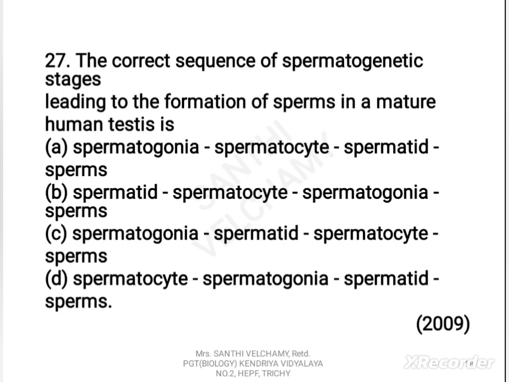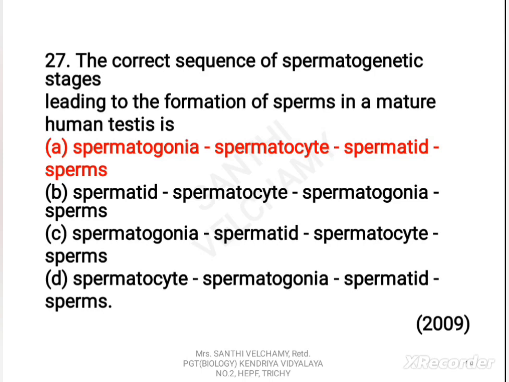C, spermatogonia, spermatids, spermatocyte, sperms. D, spermatocyte, spermatogonia, spermatid, sperms. Can you find the correct option, children? Shall we see the answer? The answer is A, spermatogonia, spermatocyte, spermatid and sperms.